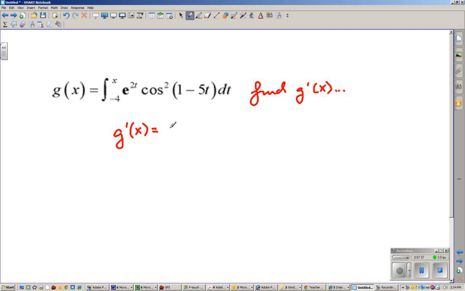Isn't it e raised to the 2x cosine squared 1 minus 5x, and we're done. Isn't that nice? Now, this is a pretty ugly integral.